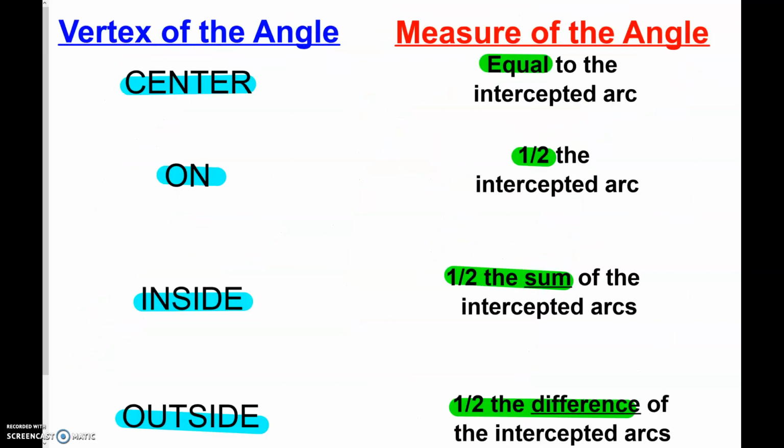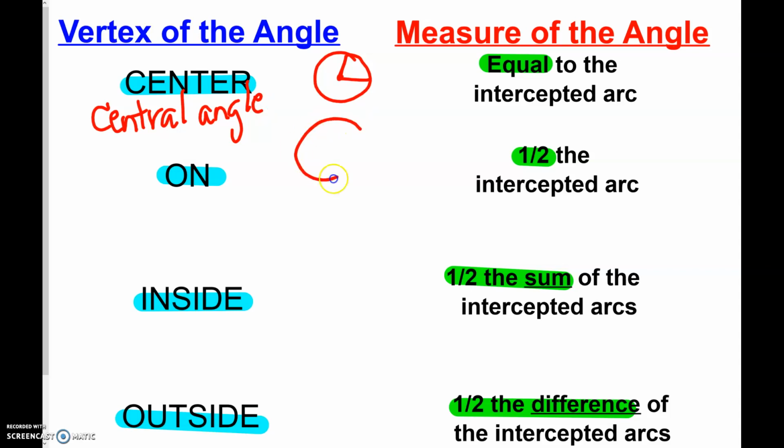So just to recap, when the angle is at the center, this is the central angle. When it is on the circle, this is called an inscribed angle, and it's half of that intercepted arc.